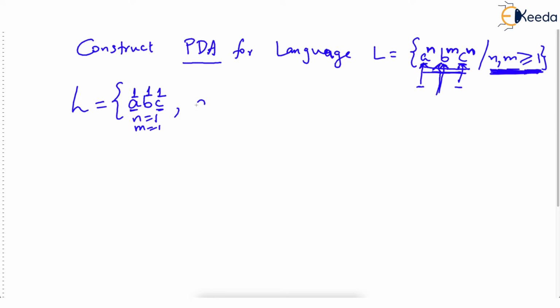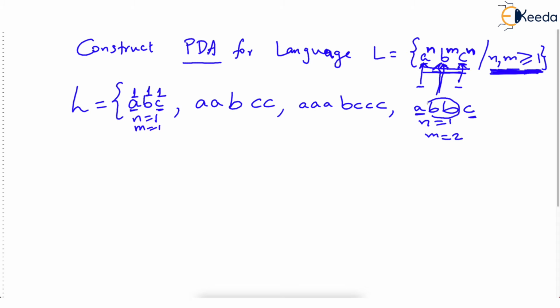So you can have a string like this: double A, then double C has to be there, and 1 B. That's fine. Or you might have 3 A's, then there should be 3 C's, and 1 B. Or you might have 1 A and 1 C, but there can be 2 B's. Just check here, n is 1 and m is 2. That's perfectly valid. The number of A's is equal to the number of C's and there can be any number of B's in between.